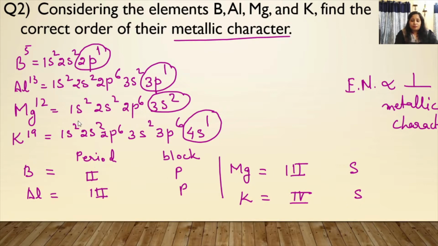So from writing the configuration, we get the exact position in the periodic table. From this position, we will guess whether the given element is metallic or non-metallic, or what is the order of metallic character. So let's see.